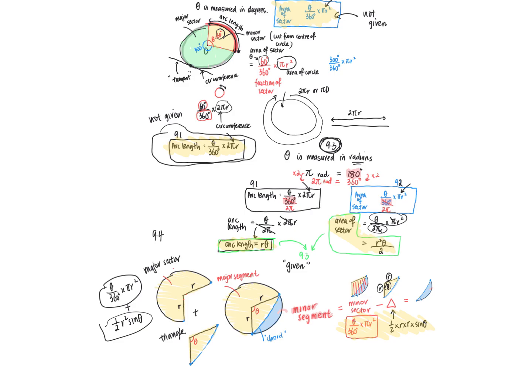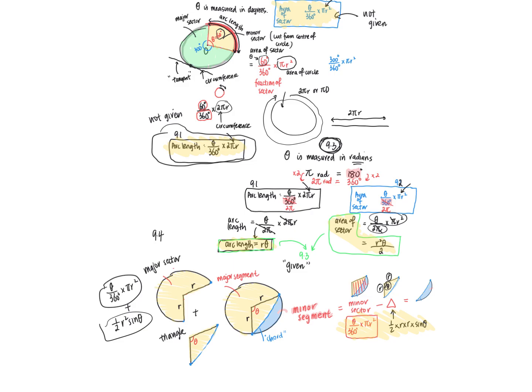So minor is easy. Use theta over 360 times pi r squared. This slice of pizza, take away the triangle. So minus half r squared sine theta. That's why what you're finding is just this slice, the small one.